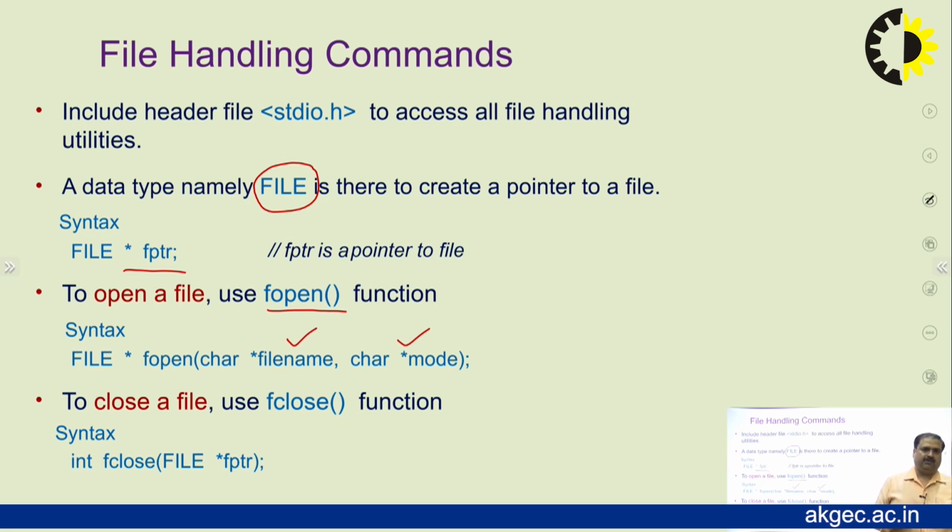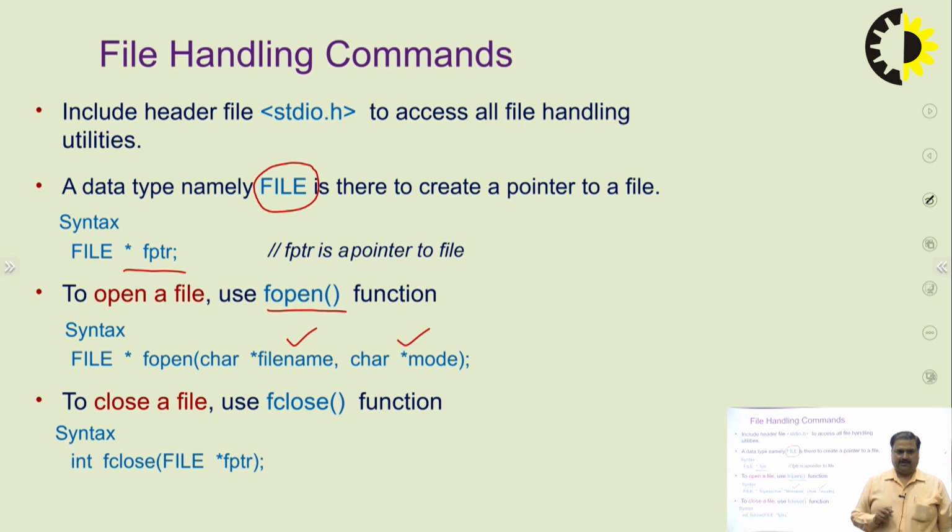Mode refers to the kind of operation we are going to perform. If we want to read data from the file, we will open it in read mode. If we want to write data onto the file, we will open it in write mode. And the fopen function returns a file pointer.